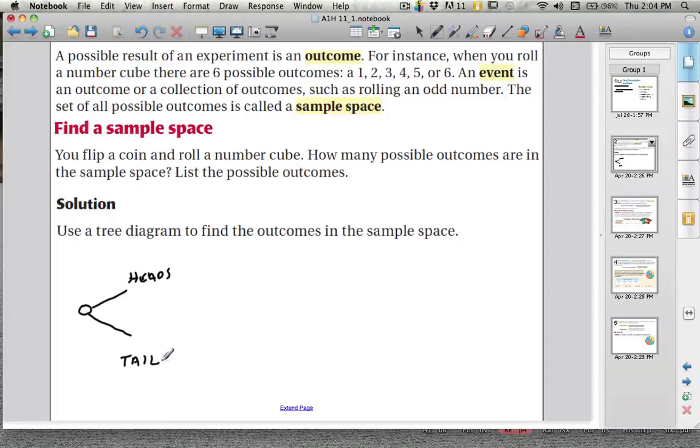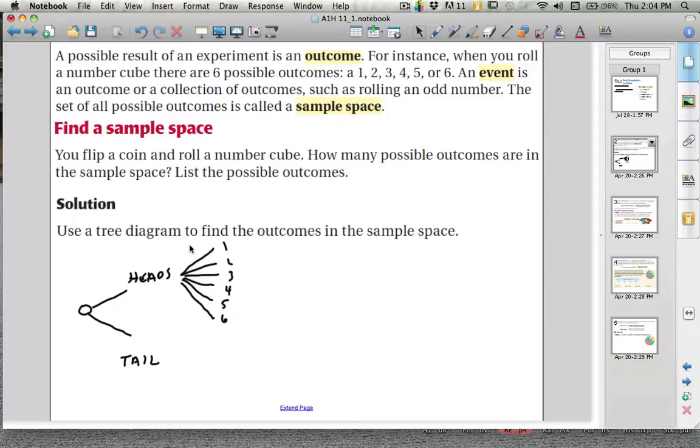So I've taken my first event, the flipping of the coin, and it has 2 possible outcomes, heads and tails. As I continue on, next when I roll the die, I'll have 1, 2, 3, 4, 5, 6, and 1, 2, 3, 4, 5, 6.